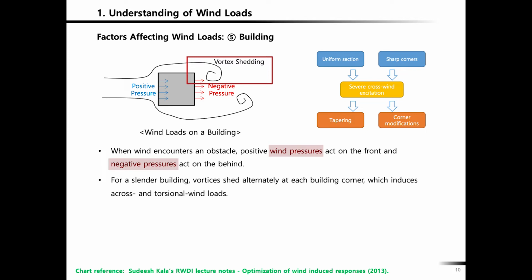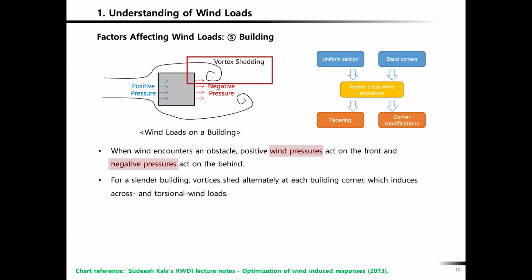And especially for a slender building, this kind of vortex shedding is like a wave happening sequentially on each side of the building in a regular period, so it's related to the aspect ratio, building height to the dimension of the plan, and also the shape of the building.